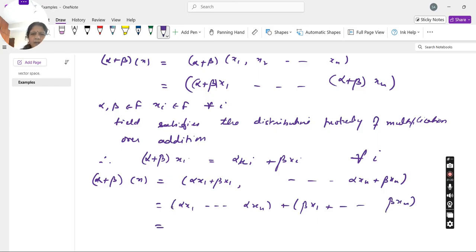We can take out this alpha and beta. This is alpha (x1, ..., xn) plus beta (x1, ..., xn), which is alpha x plus beta x.